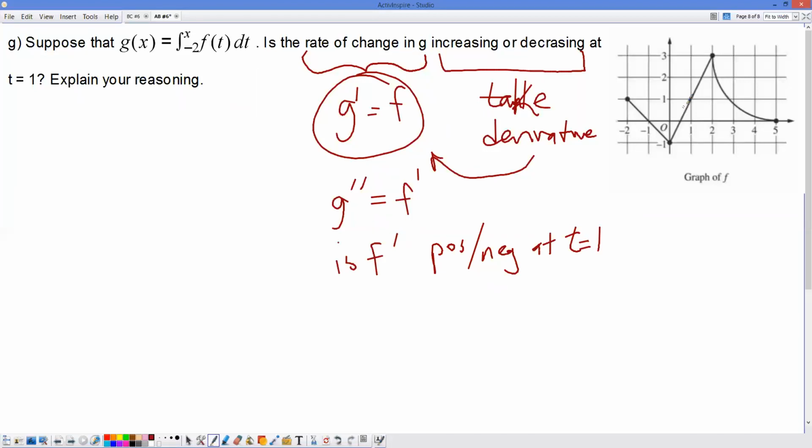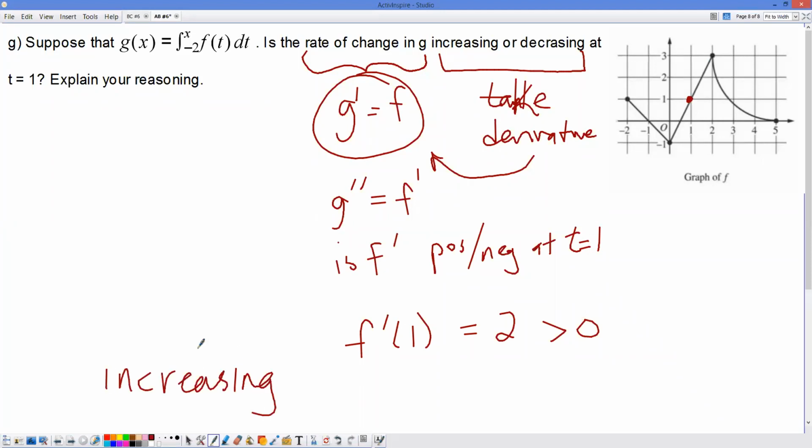And at t equals 1, we'll say that f prime of 1 is 2, because that's the slope of f at t equals 1. That's greater than 0, and so we will say it is increasing. And this is your justification right there, and that's good enough for your justification.